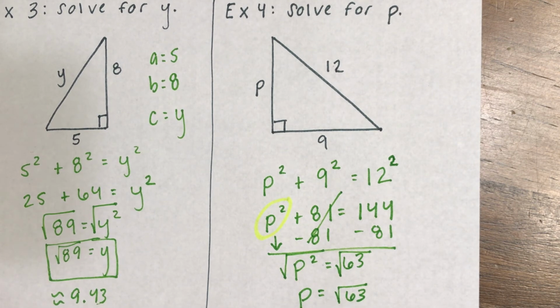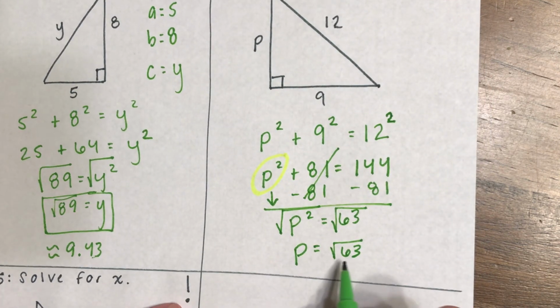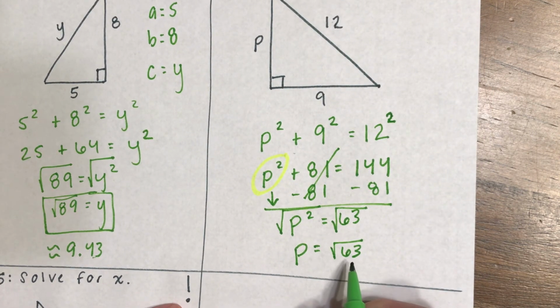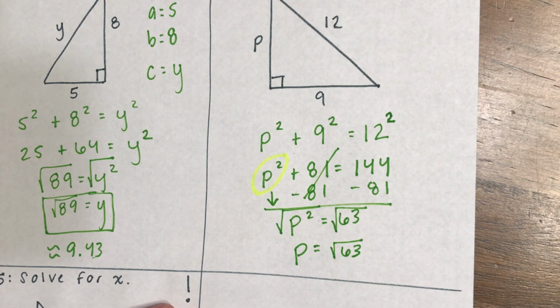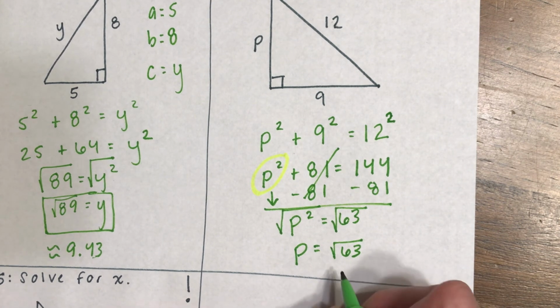Okay, so guys, this is not a perfect square. There's no number multiplied by itself that equals 63, but if you think back to what we did around Christmas time, this number is divisible by 9. So if I divide 63 by 9, I get 7.